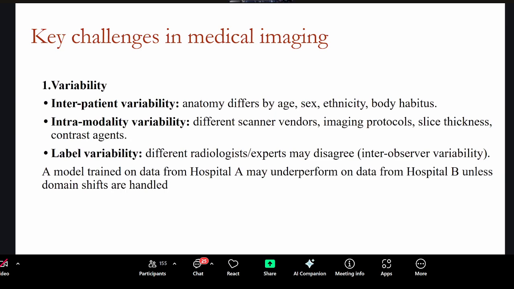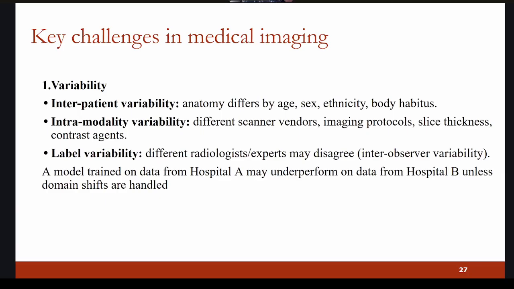Okay, and also X-rays are taken from different vendors. Depending upon the machine accuracy also certain things vary, so all of that is going to be a key challenge, right? Okay, even label variability.